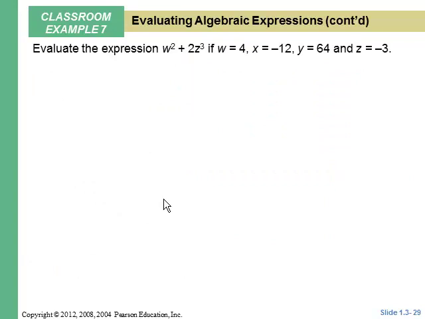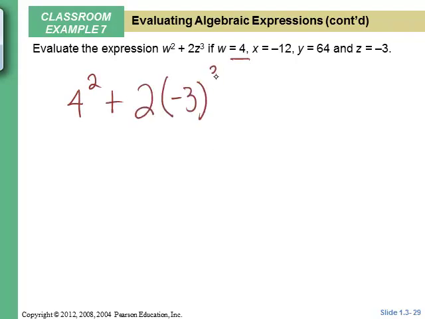Now we've got w squared, so that's 4 squared because w is 4, plus 2 times negative 3 cubed. Well, 4 squared is 16. 2 times negative 3 to the third is negative 27.